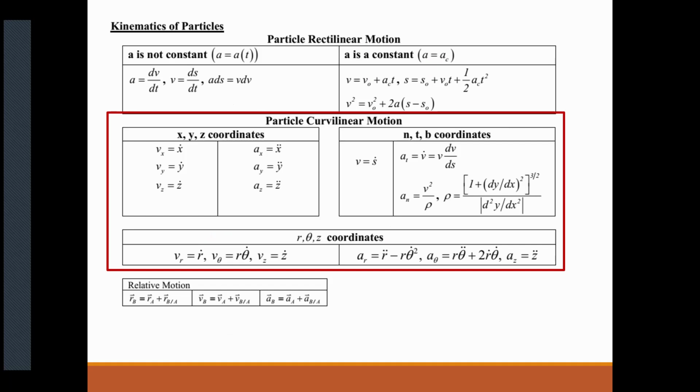The last one is the cylindrical coordinate, but if we focus only on in-plane motion, it becomes just the polar coordinate, with axes r and theta.